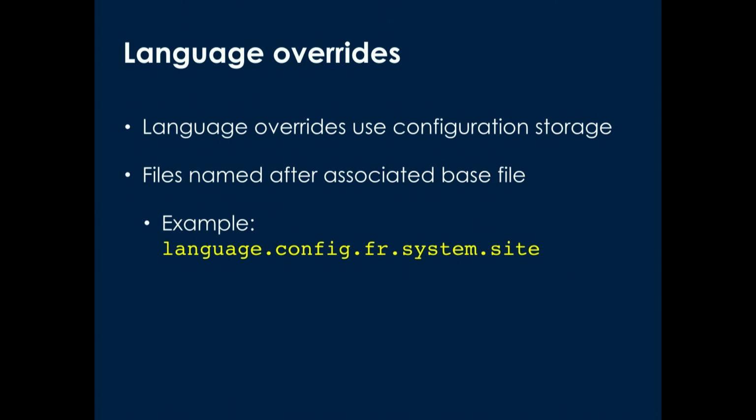So in this case, it would be language config, and then if it's French, FR system site, and that would contain all the configuration, the translated configuration for the system site configuration. And when you export, these go into a custom language folder inside of whatever your sync folder is defined to be.